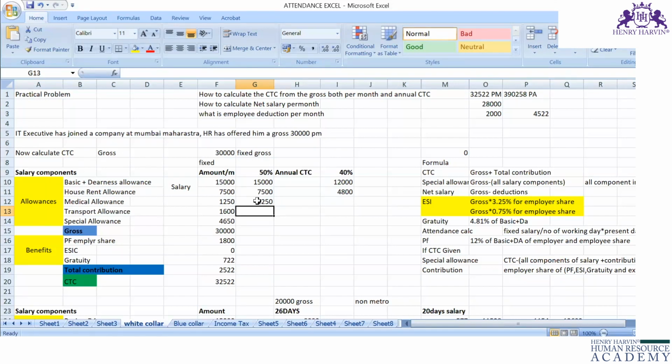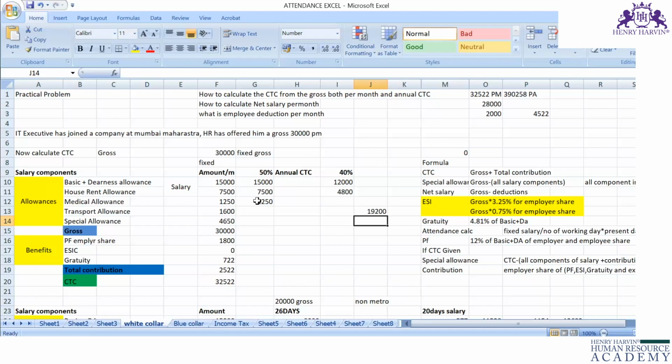Next is transport allowances. Why are they giving these allowances? It is given to the employee for commuting from their residence to the office premises. For that the government has given 1,600 per month as the tax exemption amount. So 1,600 into 12 is 19,200.